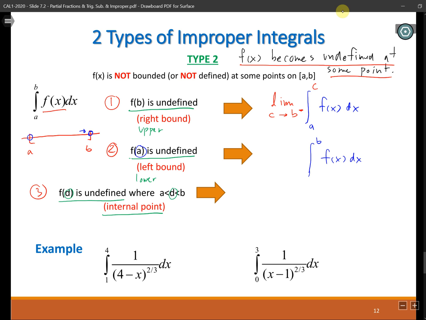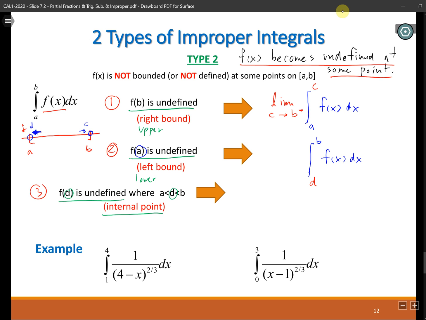So here we are going to put something else. I'm going to use d. It's going to be very, very close to this a point, but we are going to approach this point from the right-hand side. This d value is right here, so close to a, and the c is so close to b.